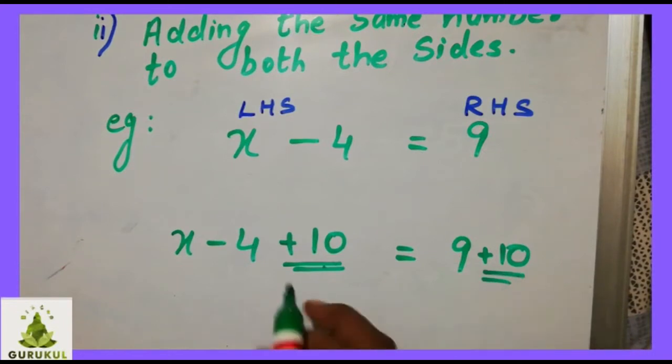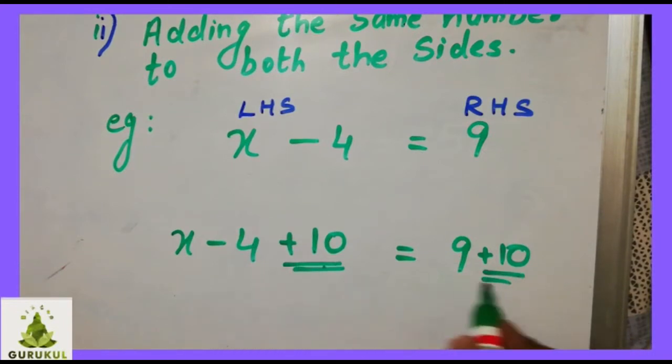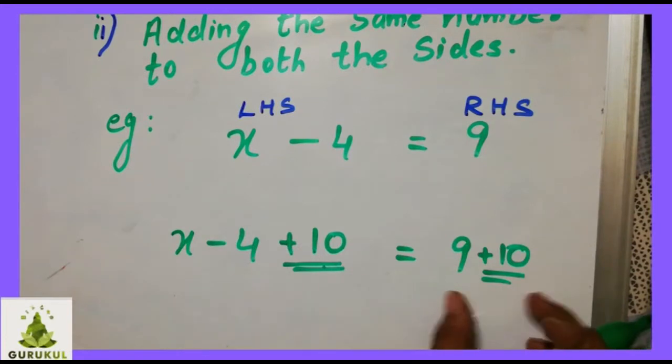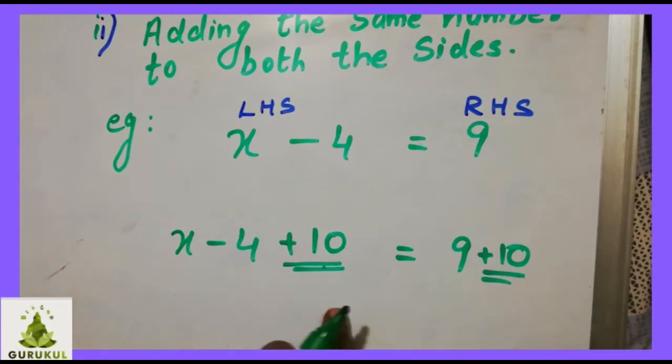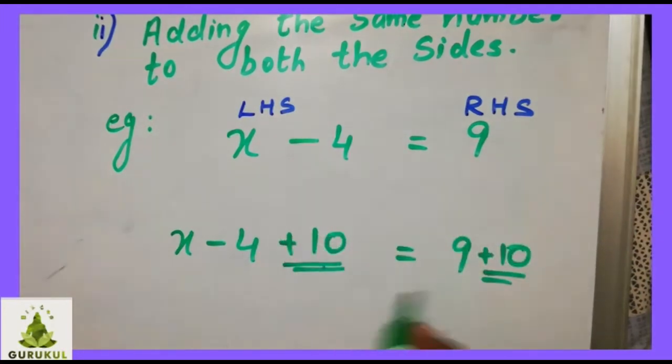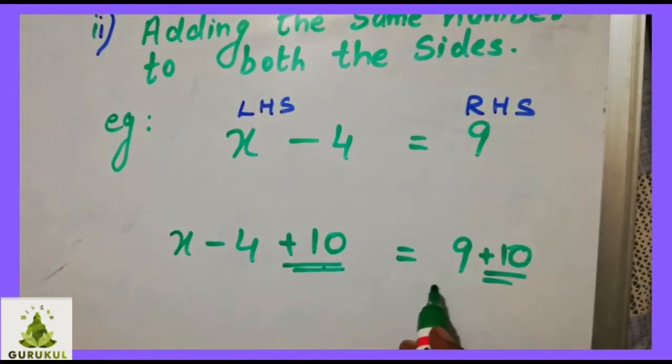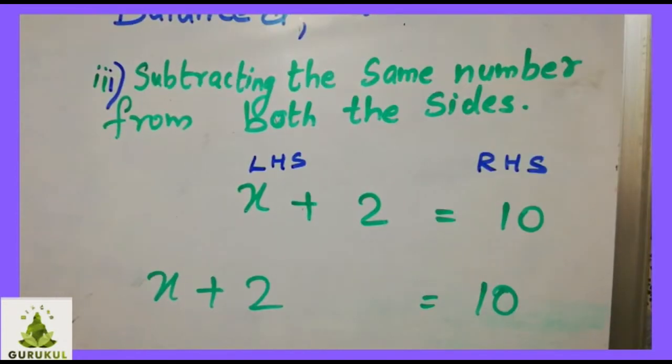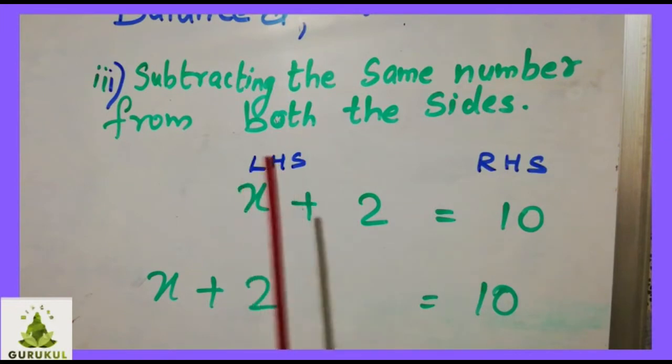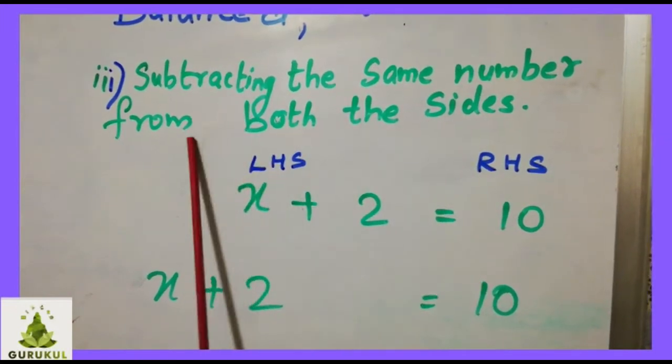Otherwise the equation's balance will be disturbed. LHS should be equal to RHS. Now when I add this, you can find whether you get the same equation. Is it clear to you? The equation remains balanced when subtracting the same number from both the sides. Previously it was addition, now subtracting the same number from both the sides.